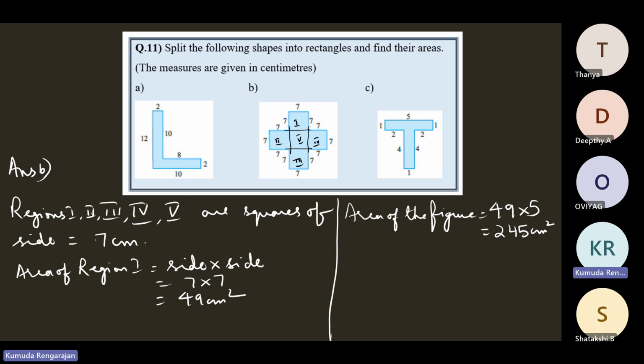So here we divided the whole figure into 5 squares, and they are identical squares, because the side of each square is 7 centimeters. So you can just write like this. Regions 1, 2, 3, 4, and 5 are squares of side 7 centimeters. So find the area of any one region. So area of region 1 is 49 centimeters square. So the area of the total figure will be 49 into 5.